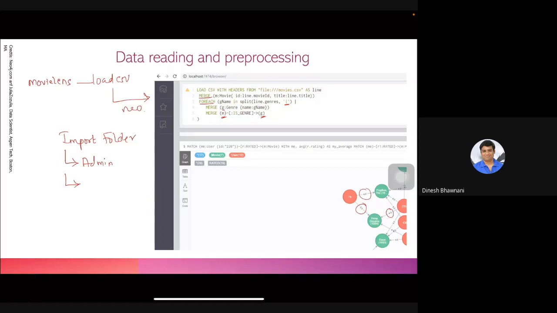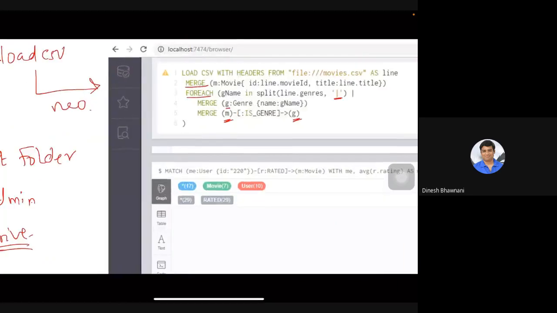If not, when you install Neo4j, try to install it in a drive in which you have admin rights. These OS-related things can stop you from accessing files from within Neo4j. Once you've done the downloading, you create the label Movie with properties ID and title, and label Genre, and so you'll be able to create the mapping.